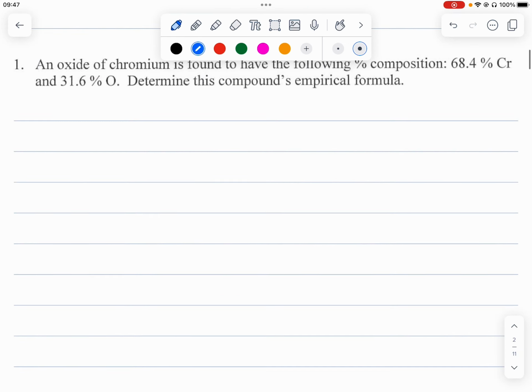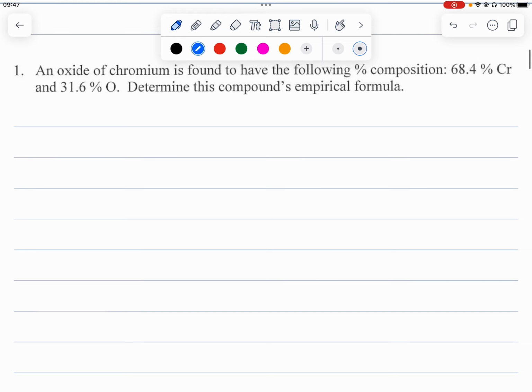In this way, I'm going to do that. Now, I'm going to do the basic worksheet, which has around 10 questions. So let us try to solve that worksheet now. First question. An oxide of chromium is found to have the following percentages of chromium and oxygen. Determine its empirical formula. Chromium is 68.4 and oxygen is 31.6.